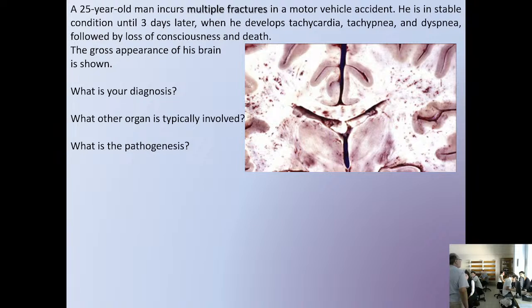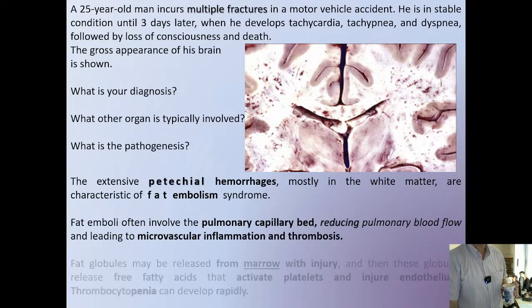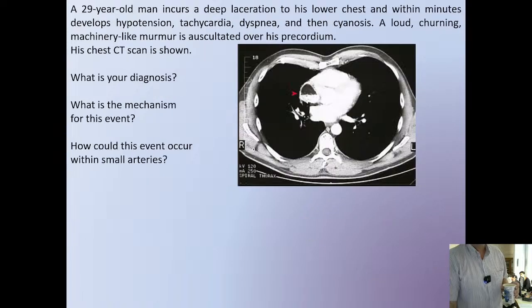What is there in the long bones? The bone marrow with fat tissue. So this is fat embolism. To be more precise, it's bone marrow, not only fat. And bone marrow cells form emboli, and we have these petechiae as an autopsy finding in this case.